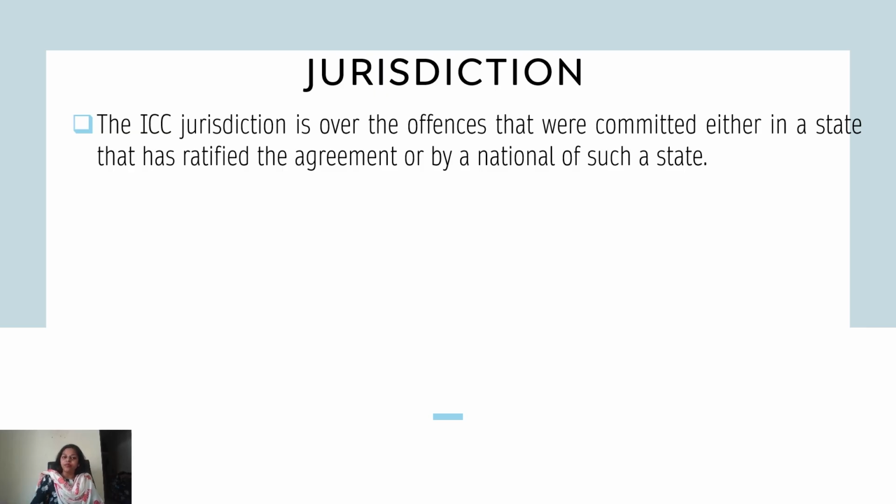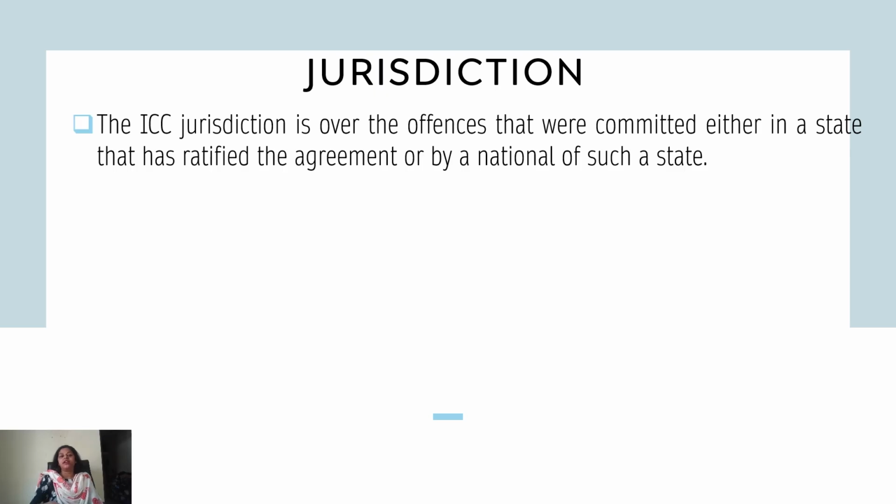So, International Criminal Court will have jurisdiction over the offences only when these crimes are committed in a state which has ratified the Rome Statute, or these crimes have been committed by a national of such a state.